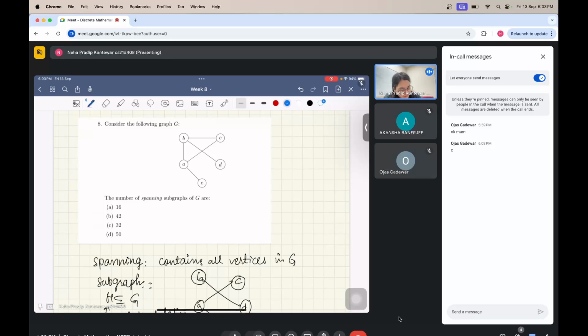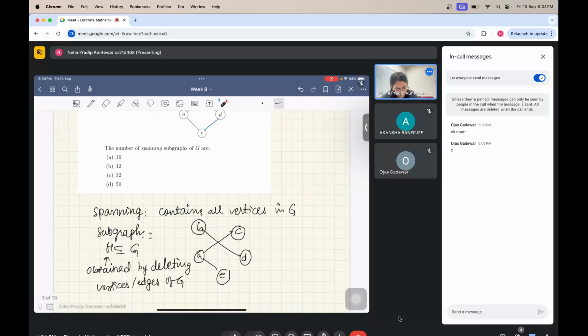For example, if I add one more edge like this, then according to that justification, the number of subgraphs would still remain the same, right? Because the vertices haven't changed, so the answer would still be 32. But notice that you have one more edge here, so you can still play around with that edge and get more and more subgraphs.